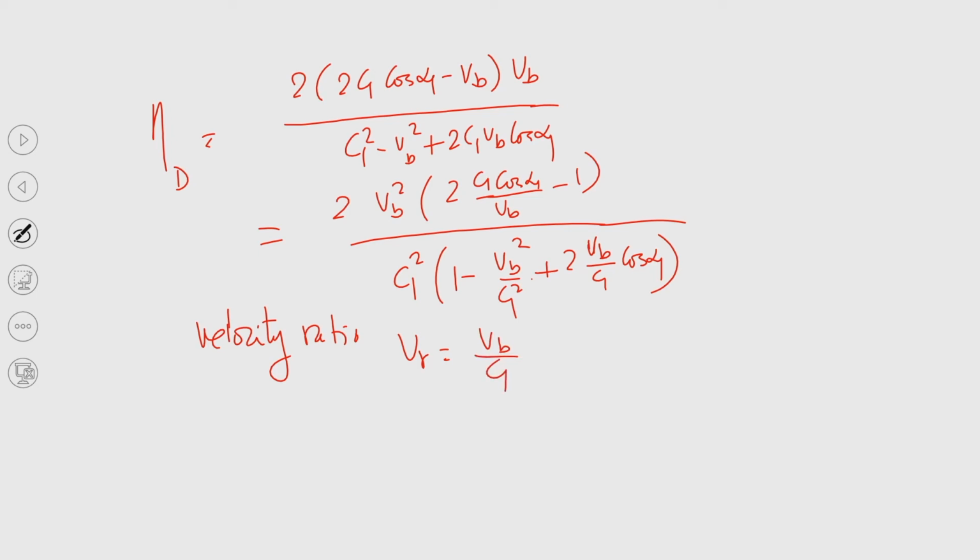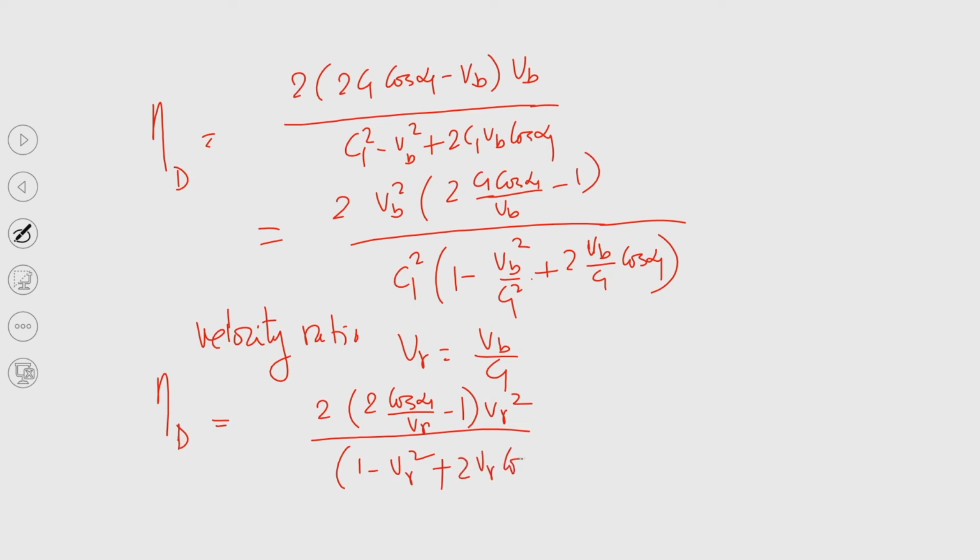So, if we write this, then we can write eta d equal to 2 into twice cos alpha 1 by Vr minus 1 into Vr squared divided by 1 minus Vr square plus twice Vr cos alpha 1, right.